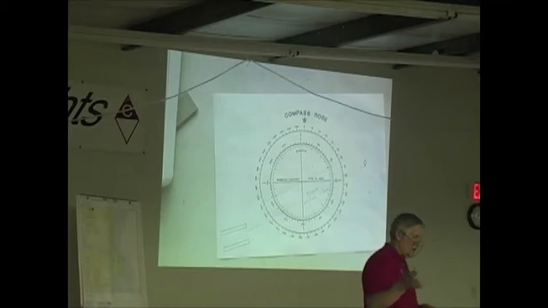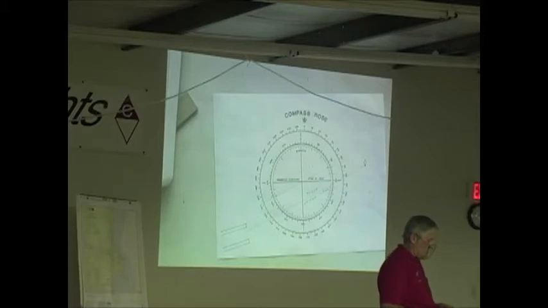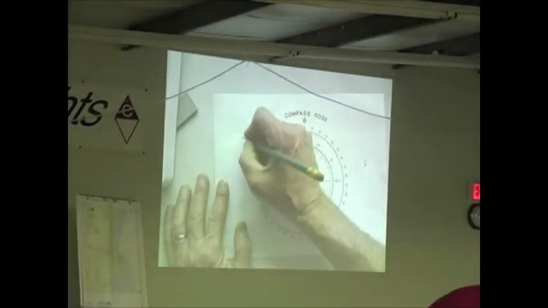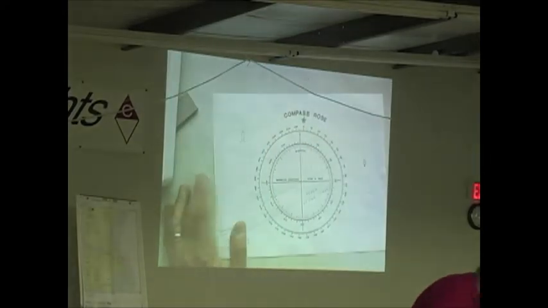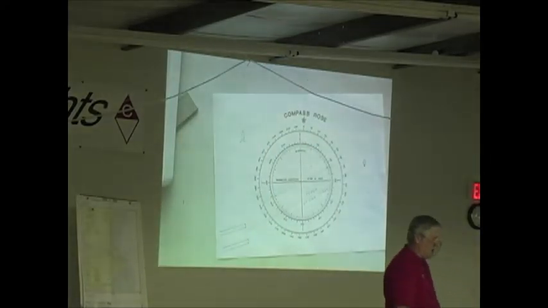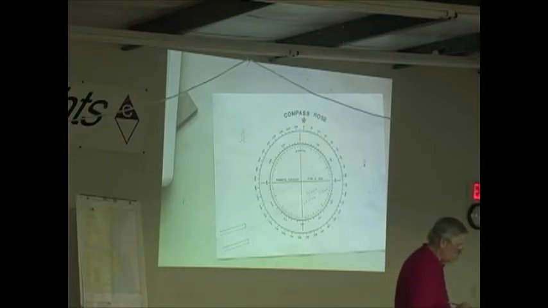In this case, I think we're going to be looking at a lighthouse. So it's going to ask you, what's the bearing to that lighthouse? And let's put that lighthouse up here. We want to know at what time are we perpendicular to that lighthouse.